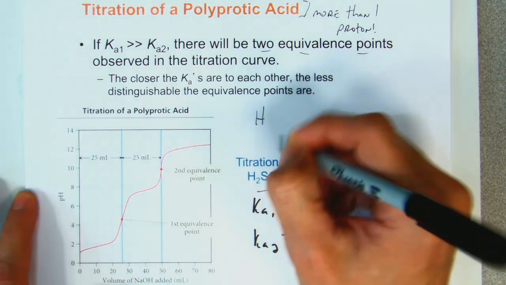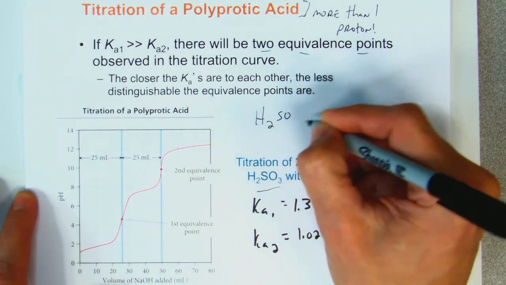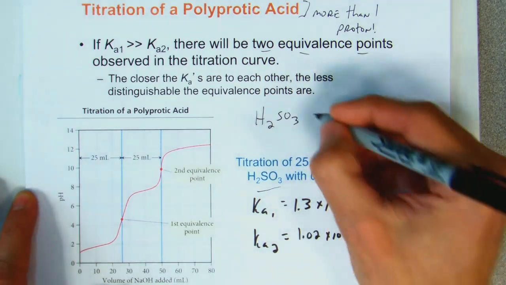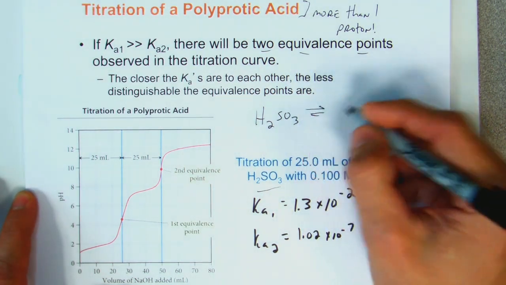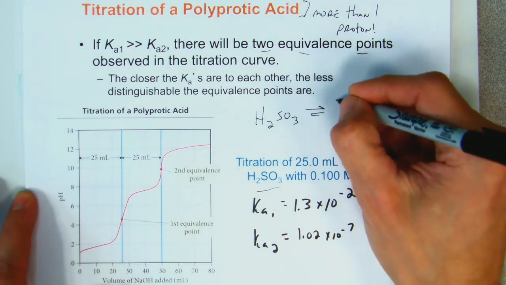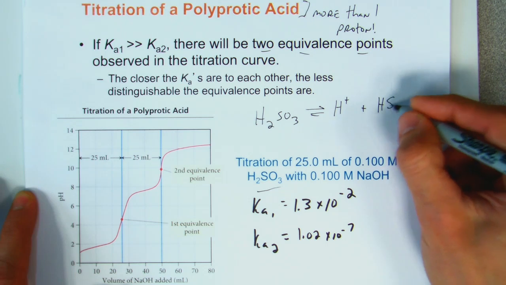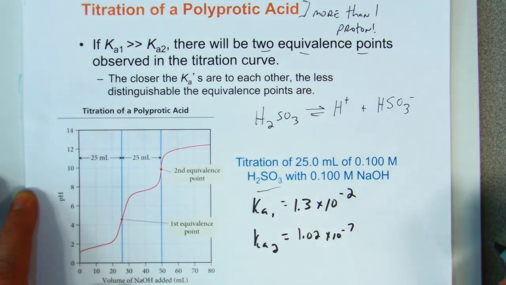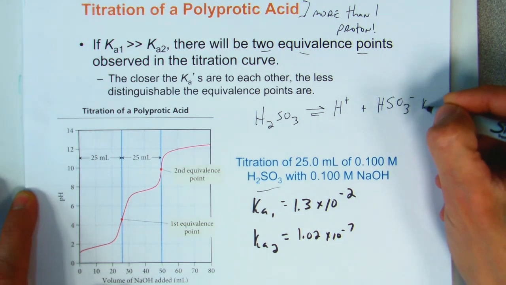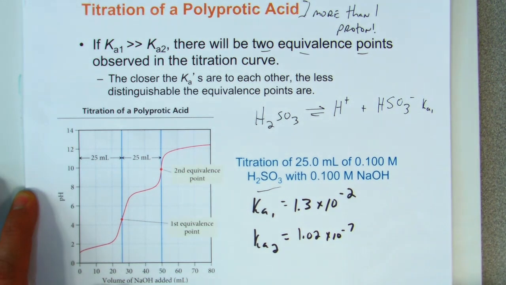In other words, for this particular acid, we'd have H2SO3 setting up an equilibrium because it is a weak acid to donate its first proton, making HSO3 minus 1 in the process, and that of course is governed by Ka1.